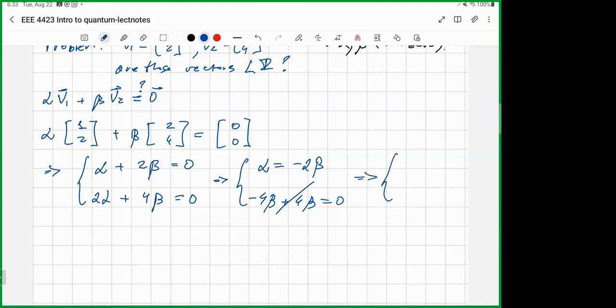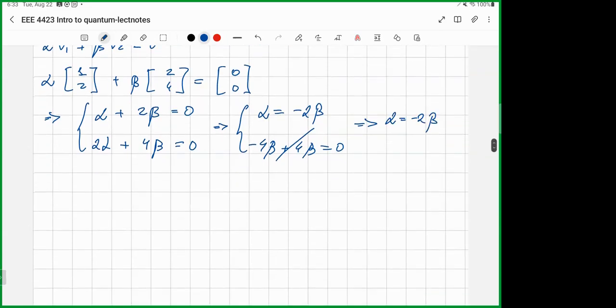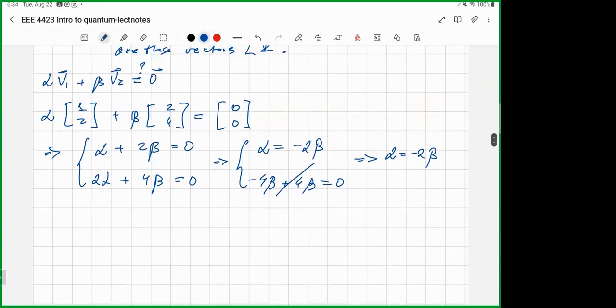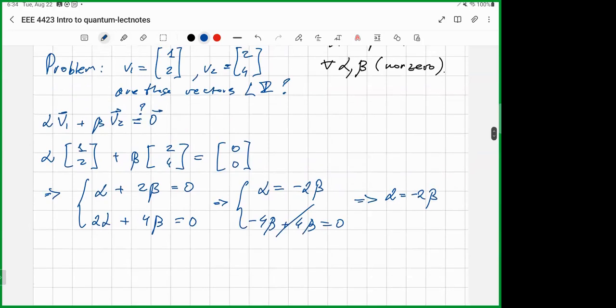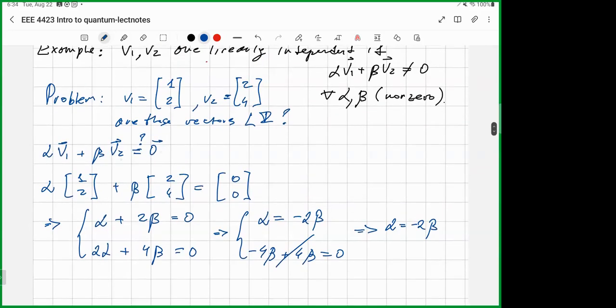And we're losing this beta, and as a result we get alpha equals minus 2 beta. So when alpha equals minus 2 beta, then we satisfy this equation.